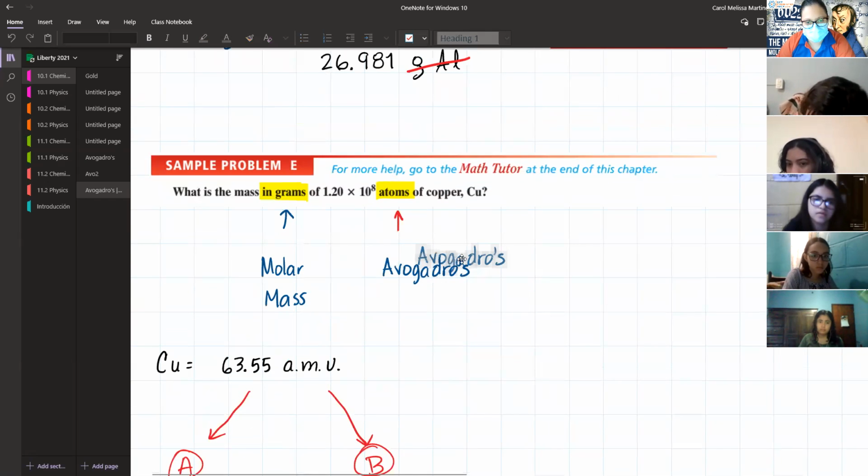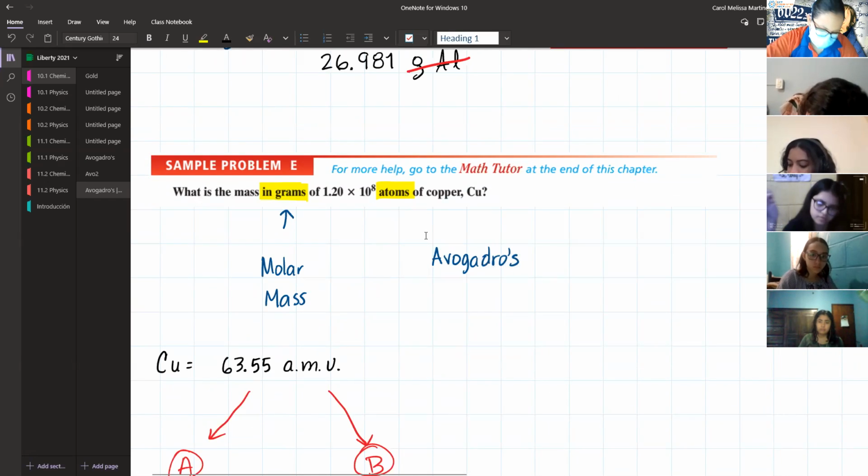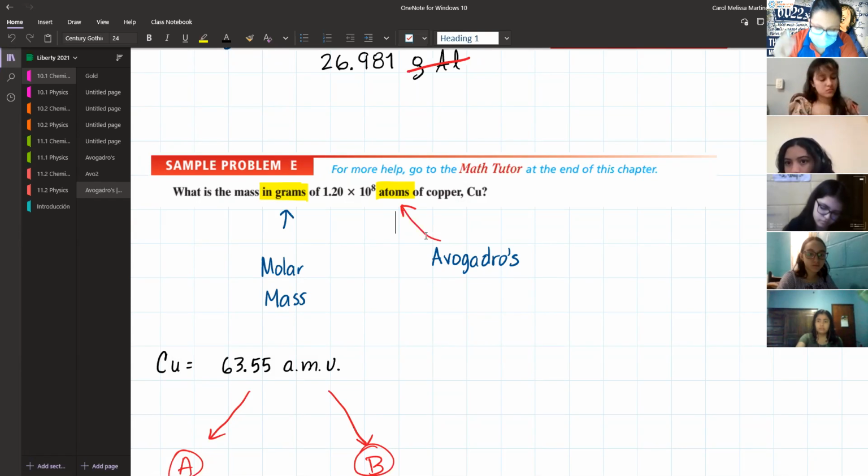Now for Avogadro's, we need to use Avogadro's number as a conversion factor. Because we're using atoms, the conversion factor will have atoms and the Avogadro's number.